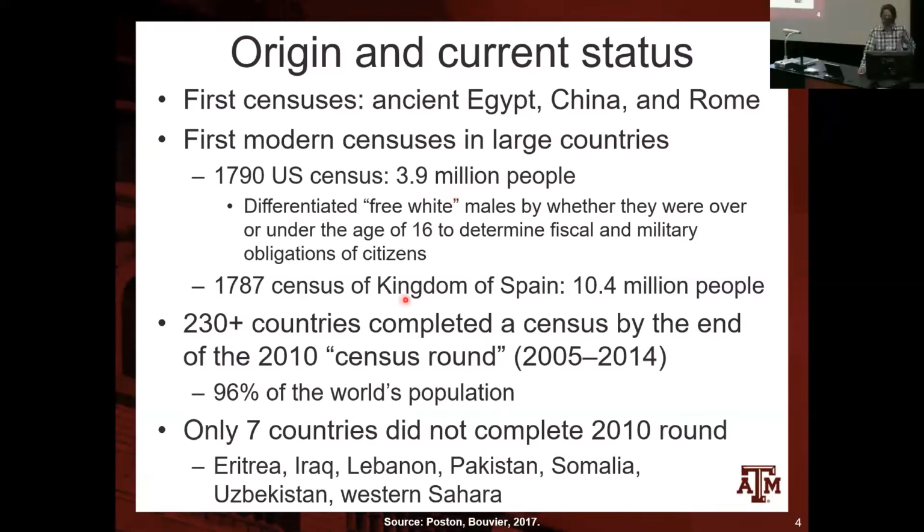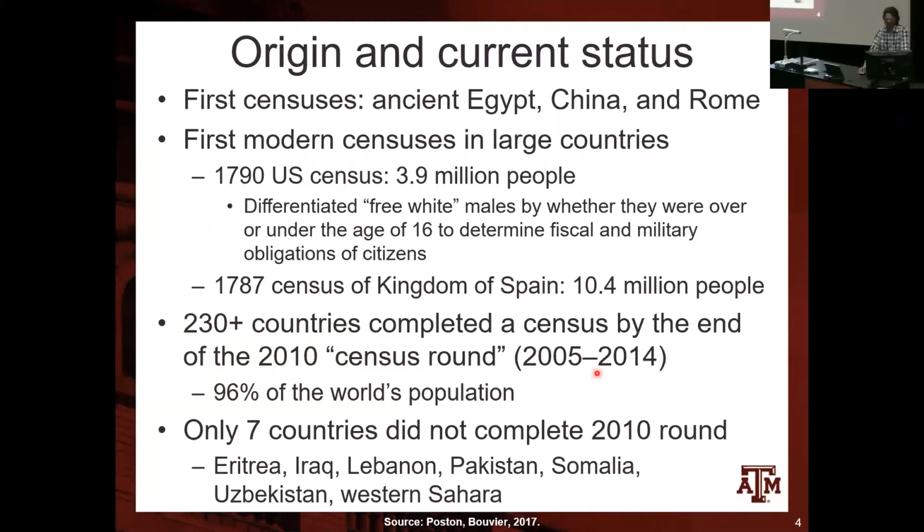And in Spain, the first census was from 1787, and it counted 10.4 million people living in the Kingdom of Spain at that time. And by the 2010 census round, what does that mean, 2010 census round?